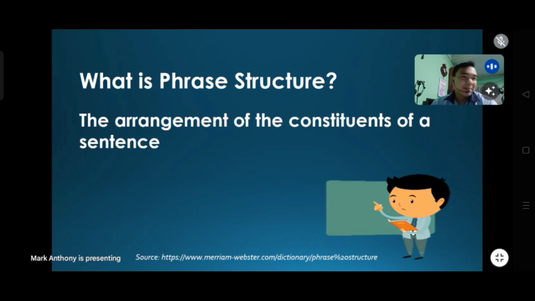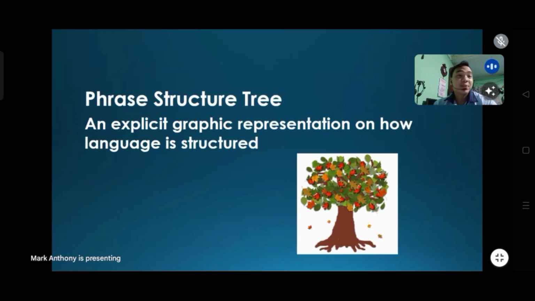So you might be wondering, what kind of tree, sir? Is it the tree that you get to see around you? I think no, because this tree is what we call phrase structure tree.